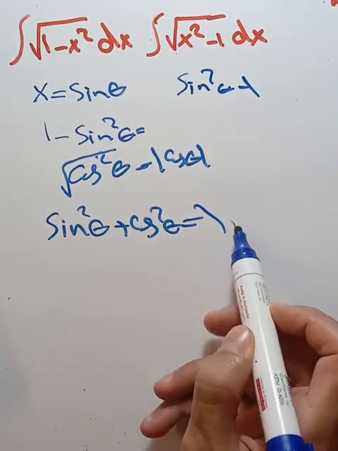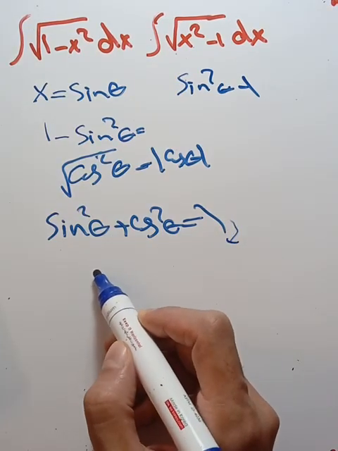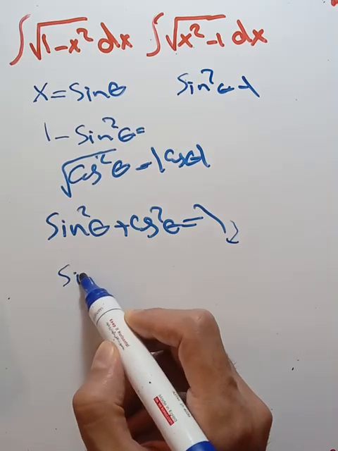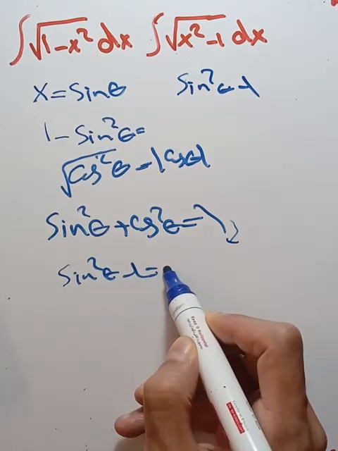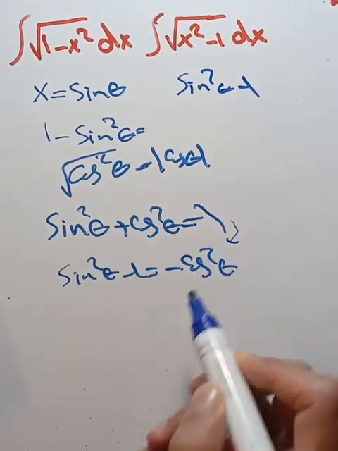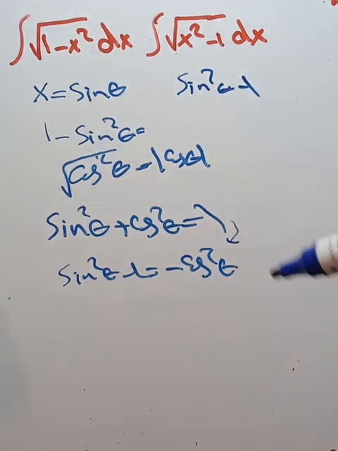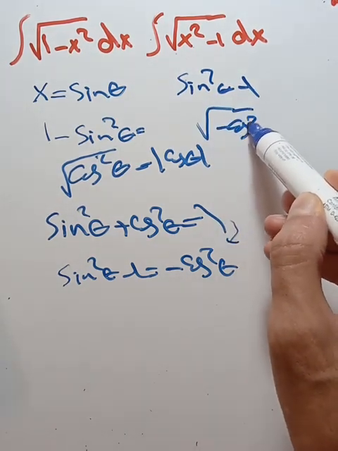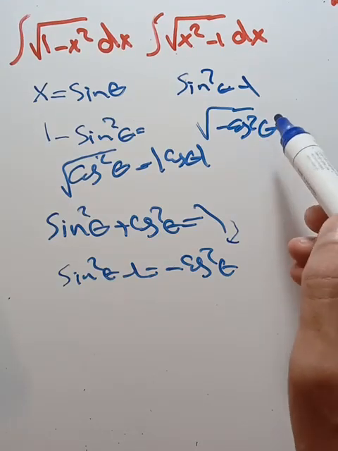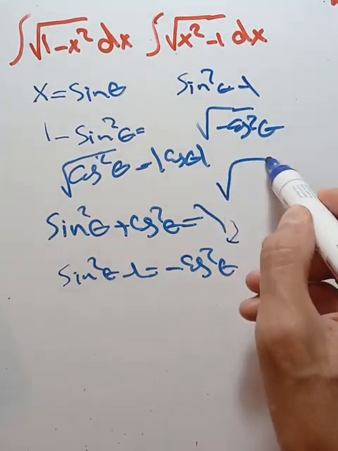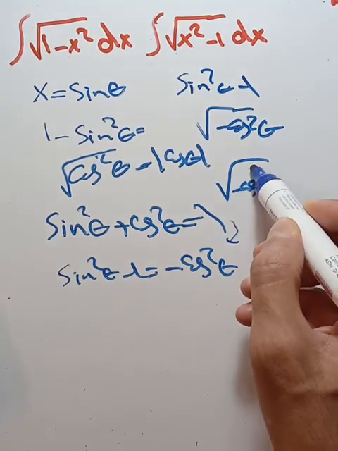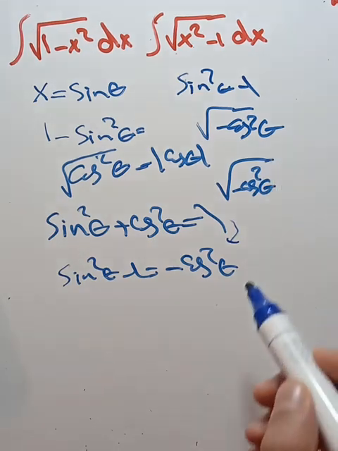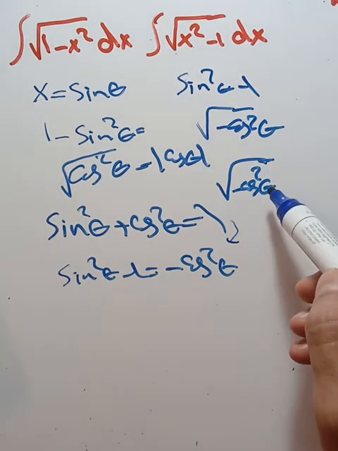And from here, sine squared theta minus 1 equals minus cosine squared theta. So this is going to be the square root of minus cosine squared theta, and it is negative.